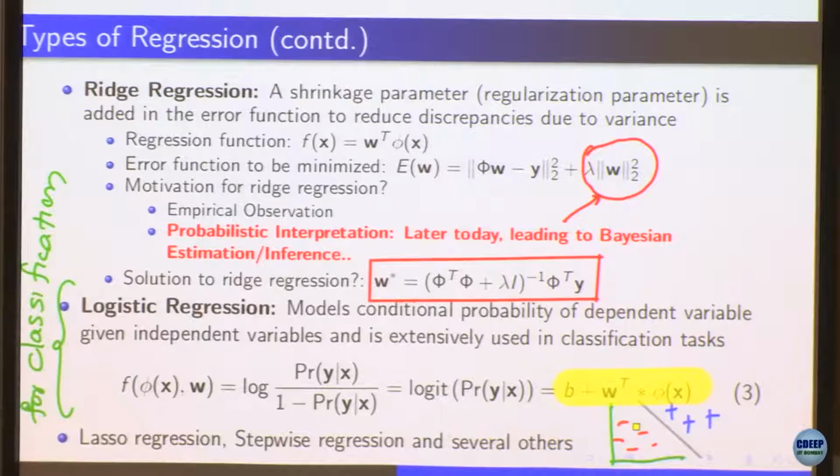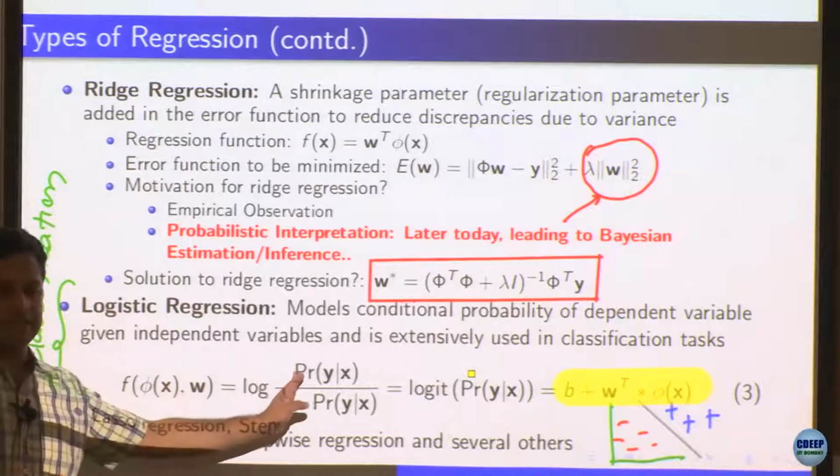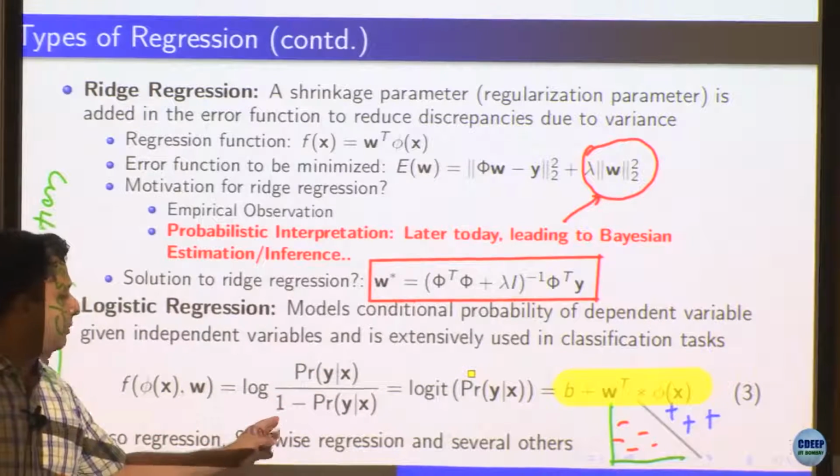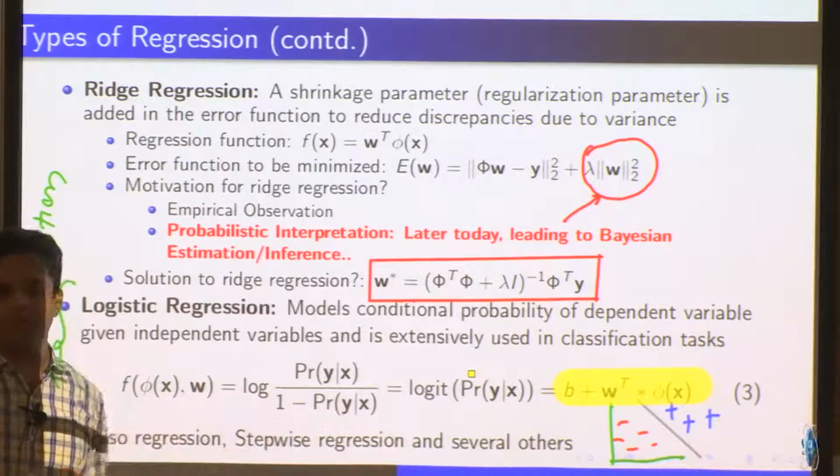But now the core engine is used to define a probability function, rather the log transformation of a probability function, or the logit of a probability function. Logit is basically log odds. Okay, so log of class probability of y given x divided by 1 minus probability of y given x.